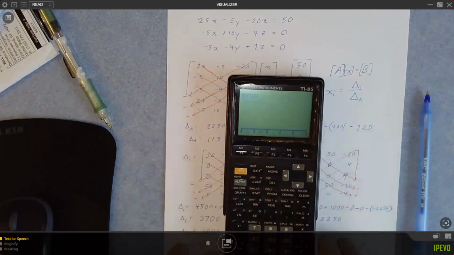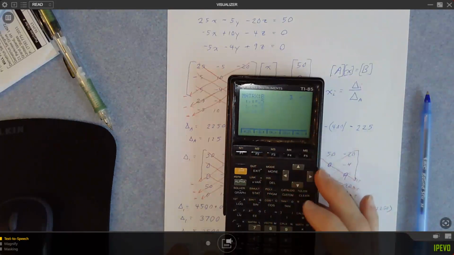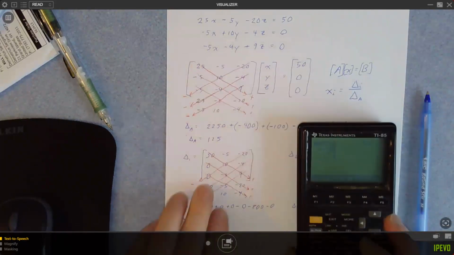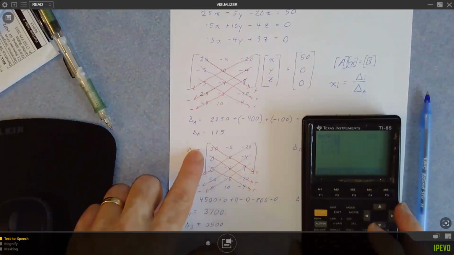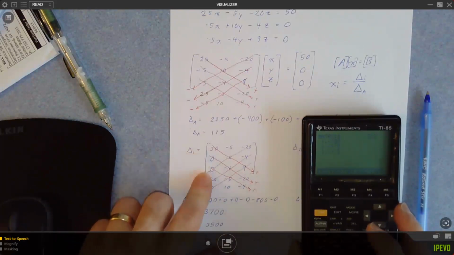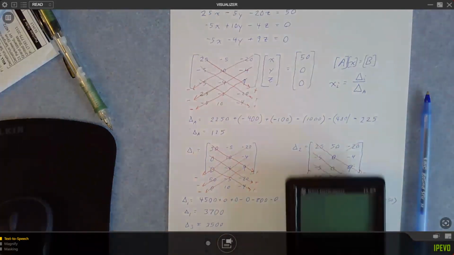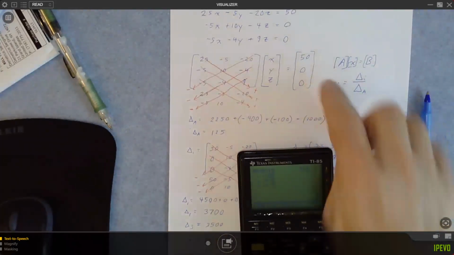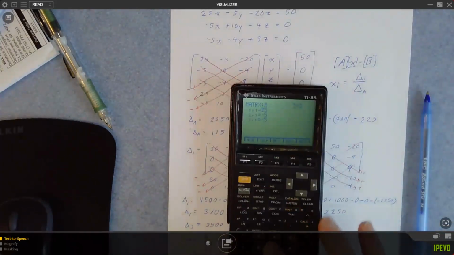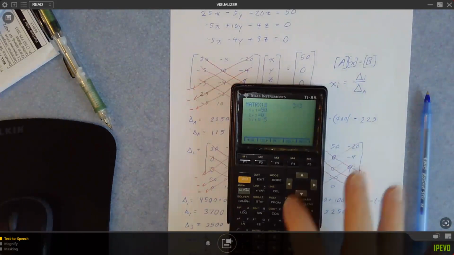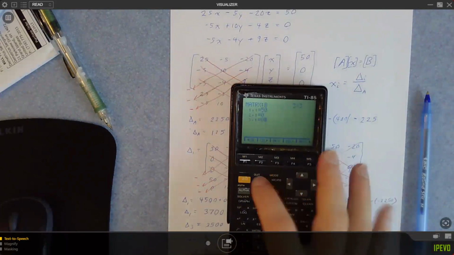I'm going to edit matrix B. And I'm going to do what I did here. I'm just going to replace each column, right? In matrix B, I'm going to replace the first column with the solution matrix, the B matrix. So in the first column here, I'm going to write 50, 0, 0.